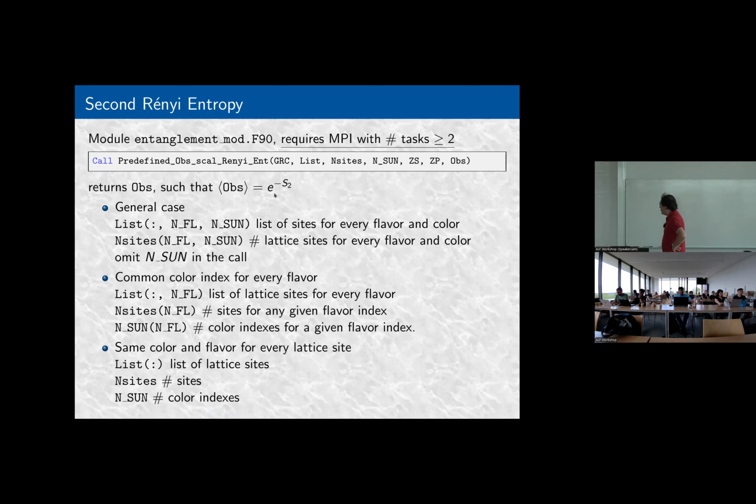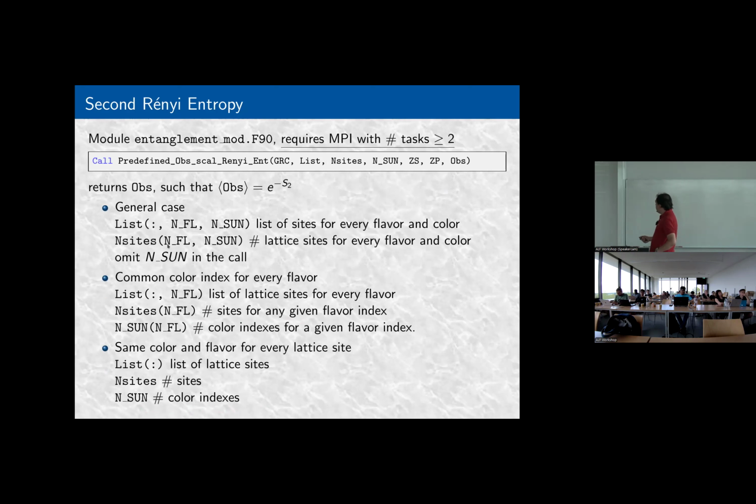So we only compute in this module the second Rényi entropy. And as you can see from the definition, you need to somehow define what you call the subsystem A, for which you compute the Rényi entropies. And we have foreseen 3 possible cases.